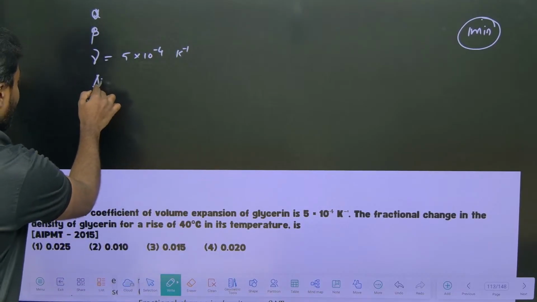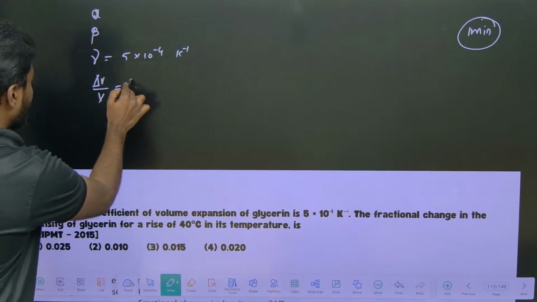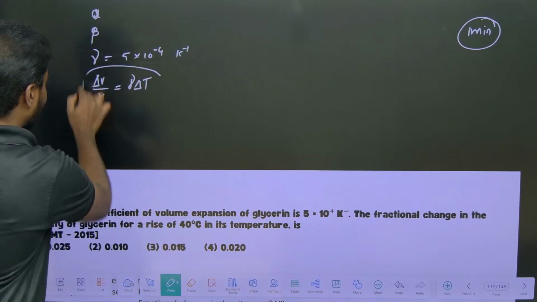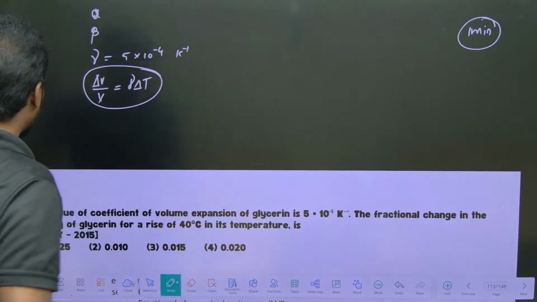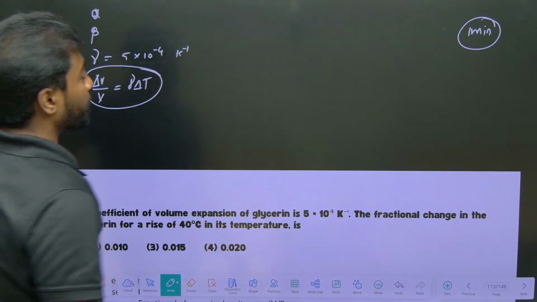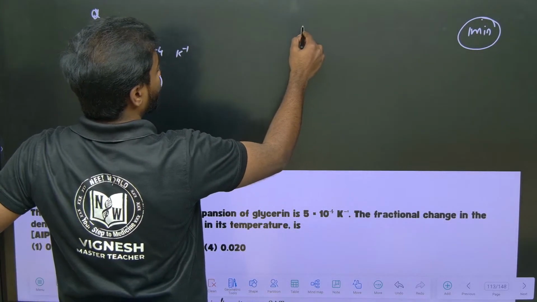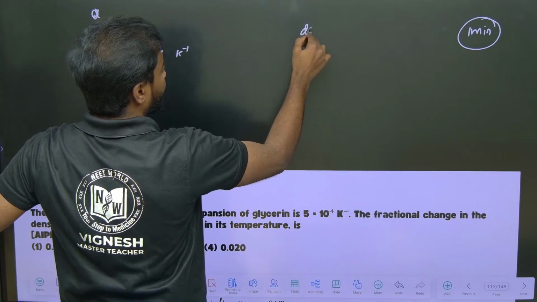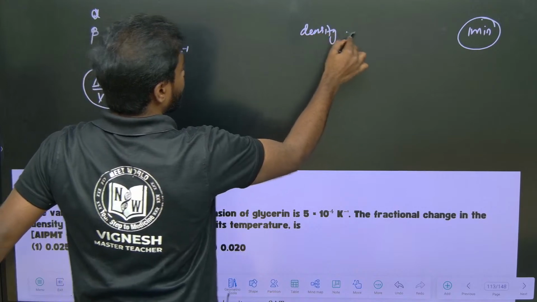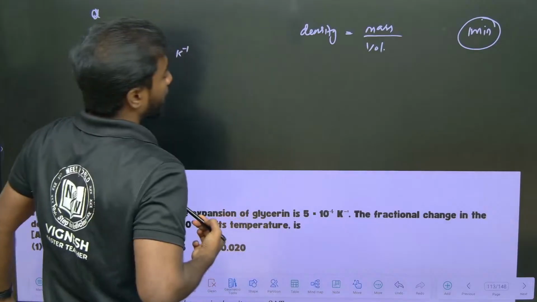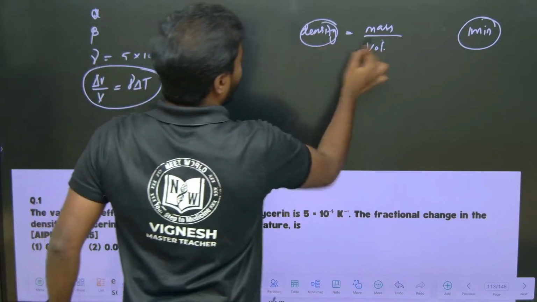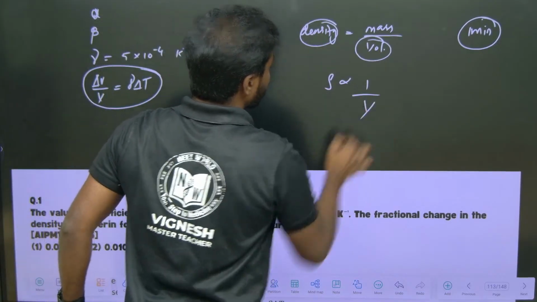Delta V by V is equal to gamma delta T, this is the condition we know. What is the relation between volume and density? Density is equal to mass by volume, so density is inversely proportional to volume.